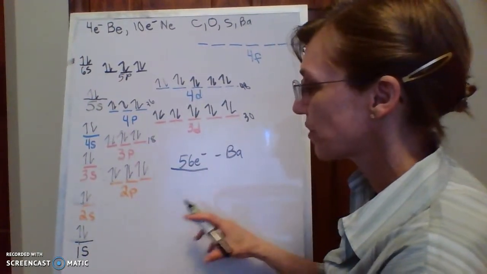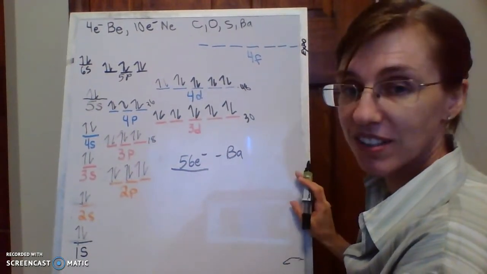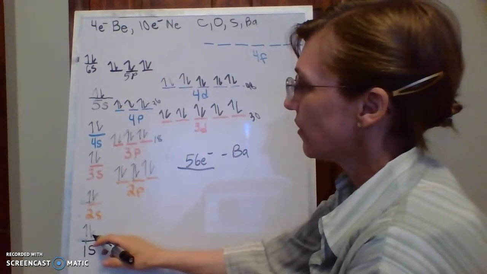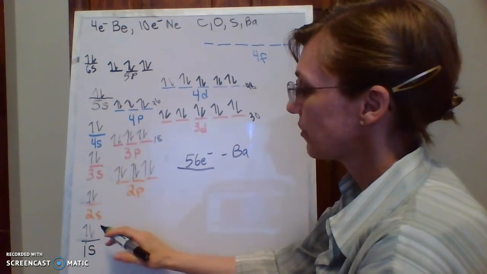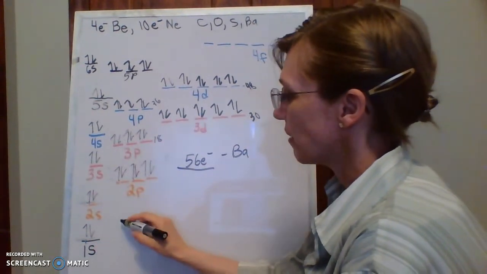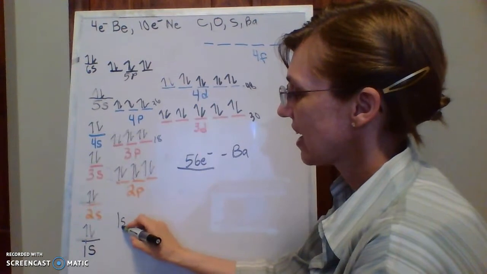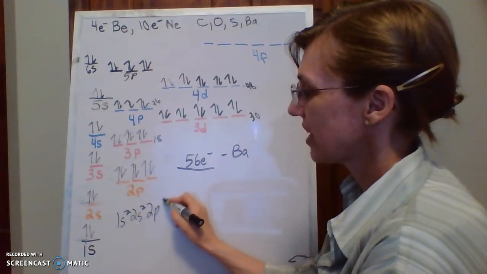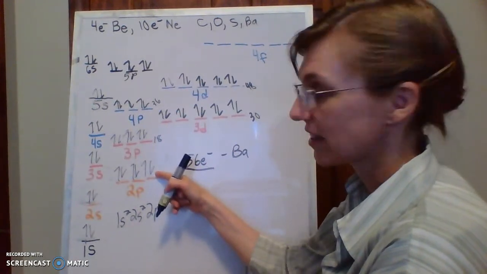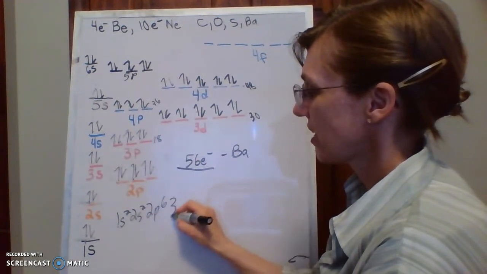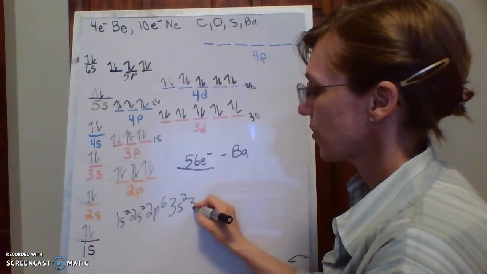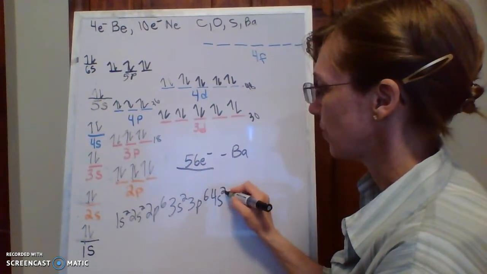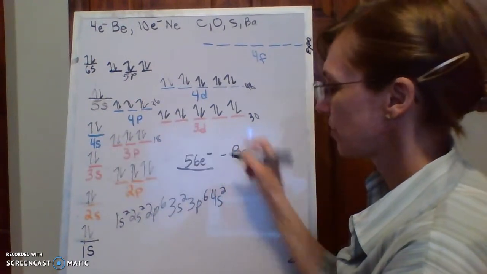Now we have to pull them down and write them in our horizontal notation. Now we're going to only do the condensed version for this. We've got the 1s has 2, 2s has 2, the 2p has 6, they're right there. Then the 3s has 2, the 3p has 6, the 4s has 2, then we did the 3d.